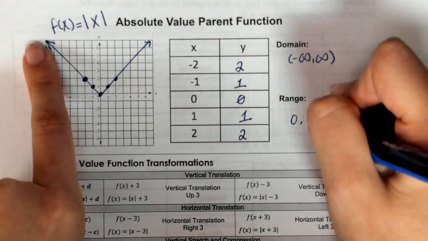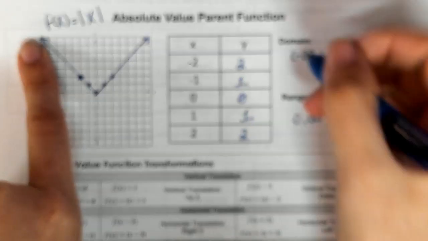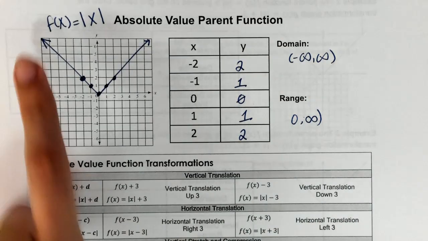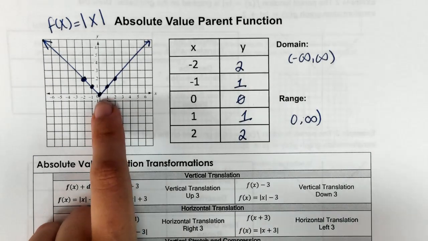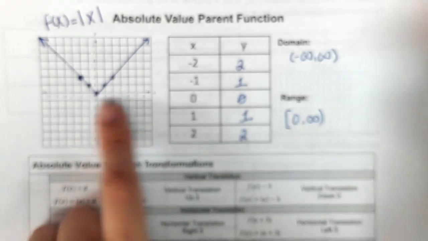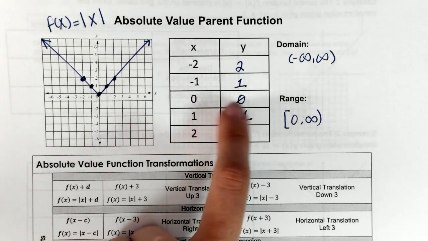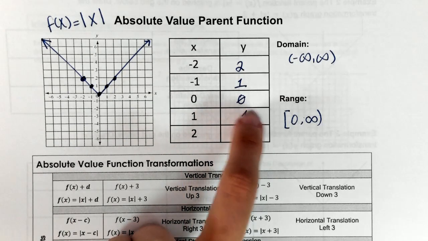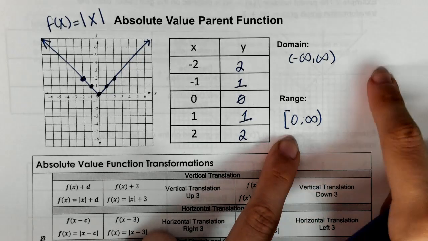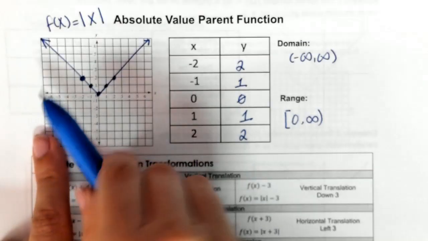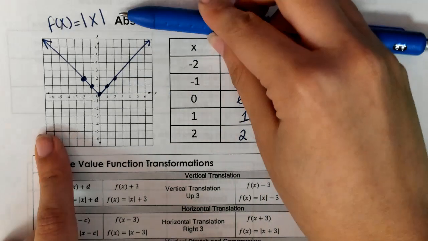Infinity can never have a closed bracket; it always has to have a curved bracket. For the 0, since it is a closed circle, y can be 0. I see in my table that 0 is a possible value in my function, so I will have a square bracket. So this is my domain and this is my range: from negative infinity to infinity, and from 0 to infinity.